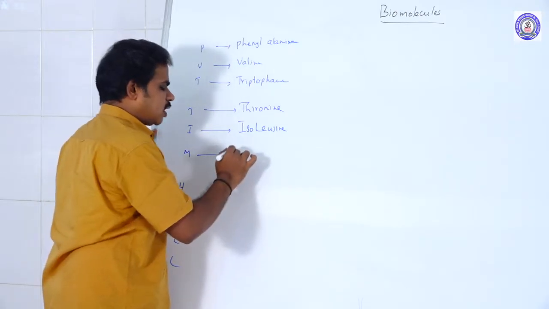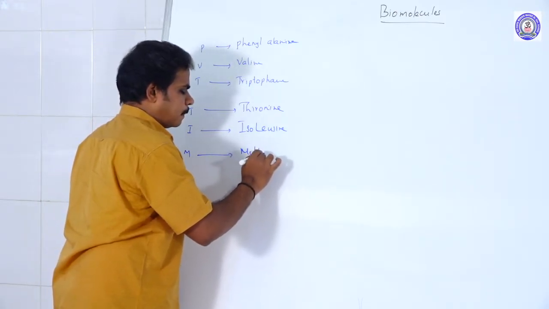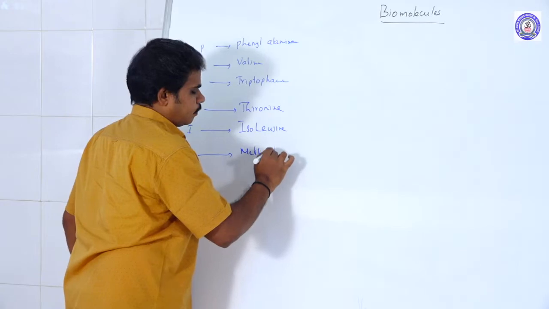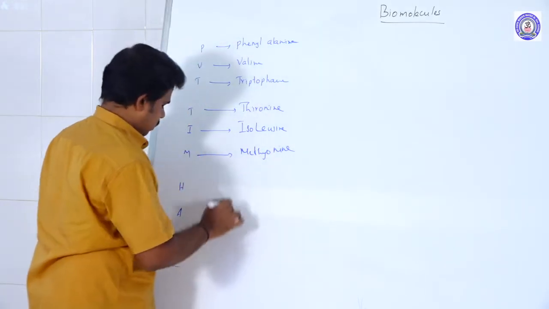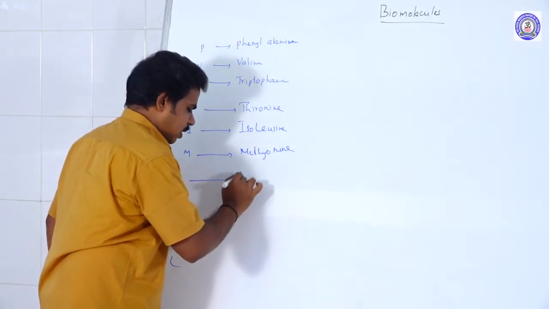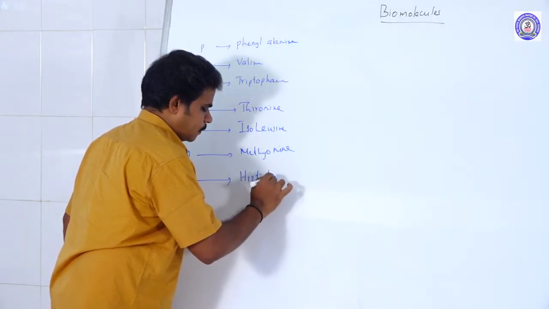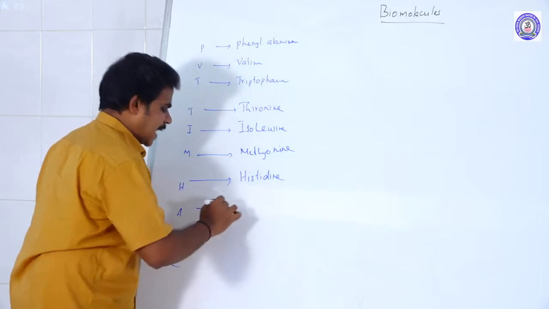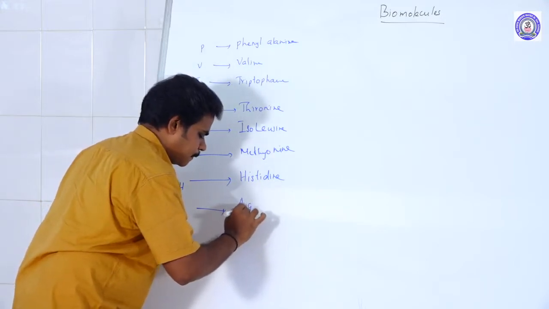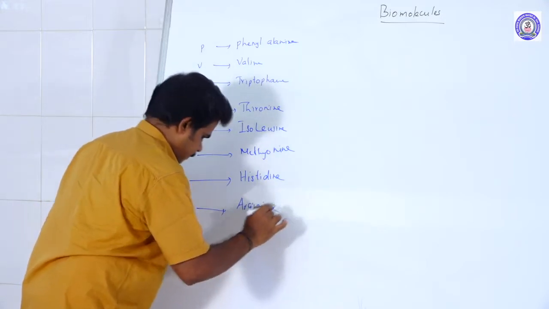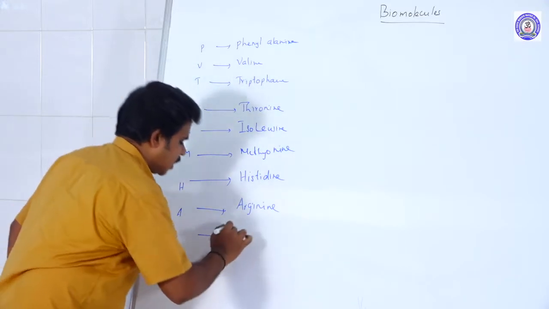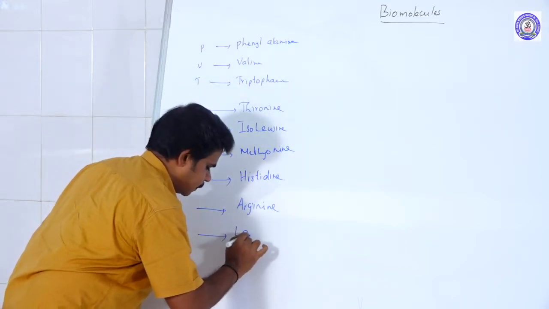And M for methionine. And H for histidine. A for arginine. L for leucine.